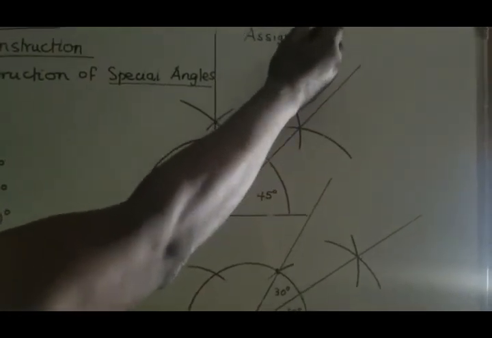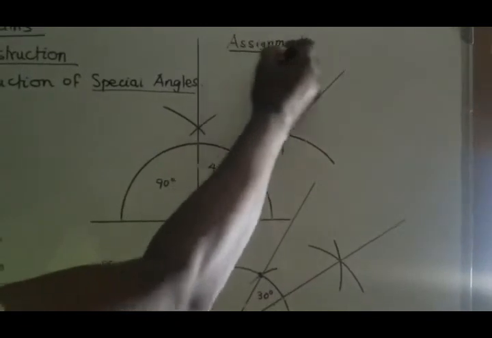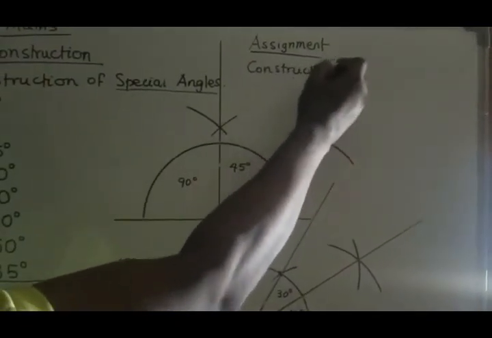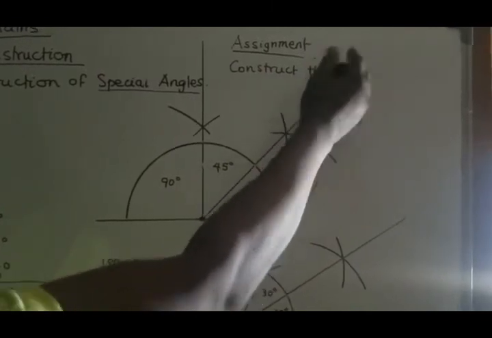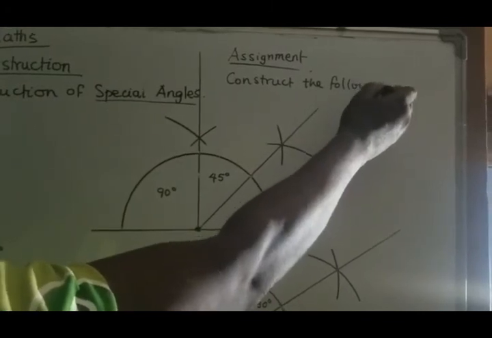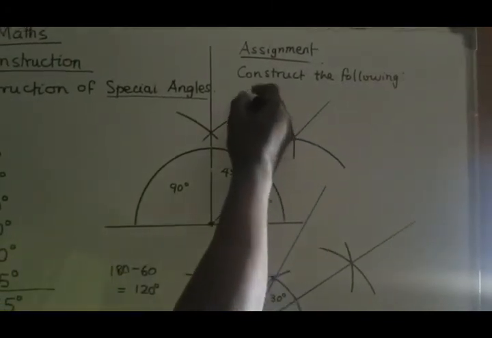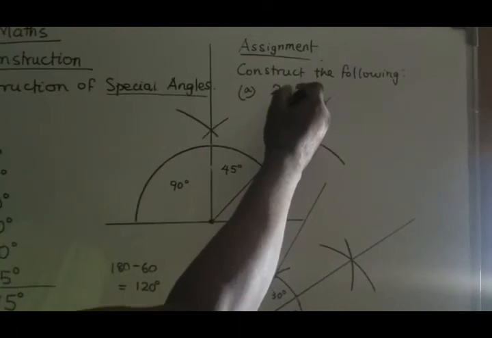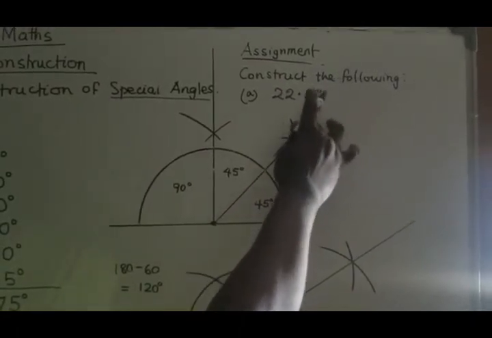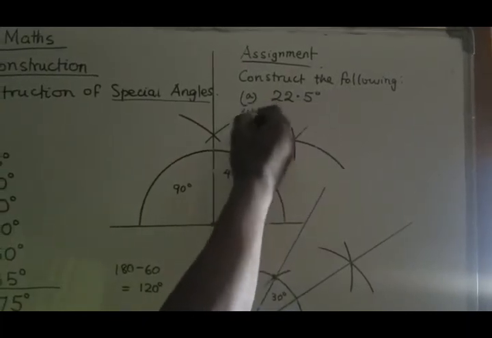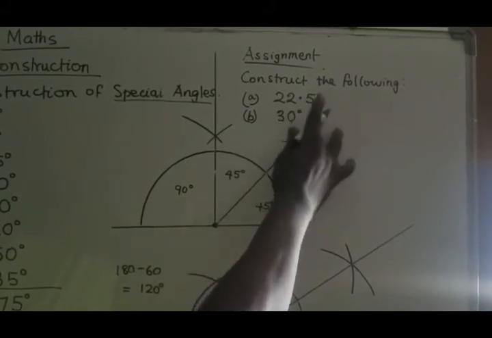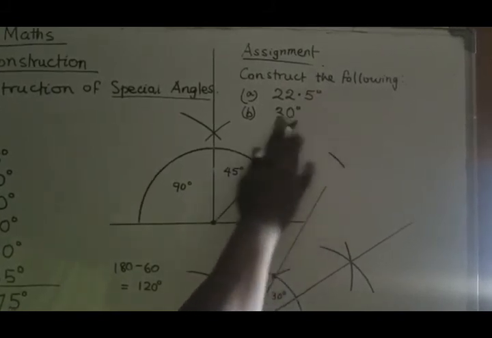I would want you to construct the following, just for practice. A, construct 22.5 degrees. B, construct 30 degrees, though we have done that.